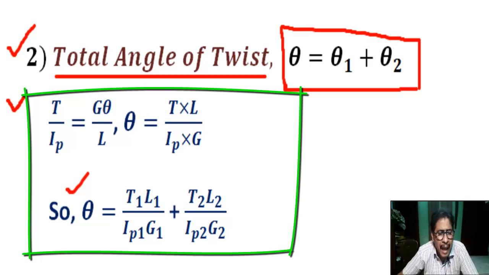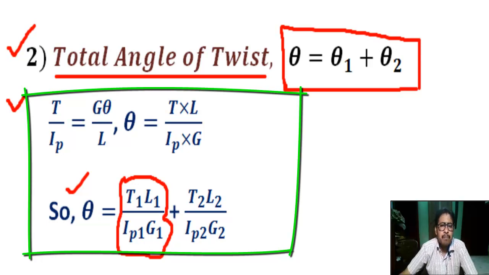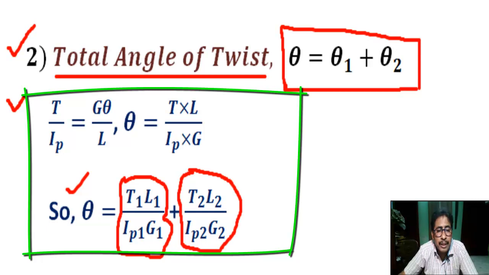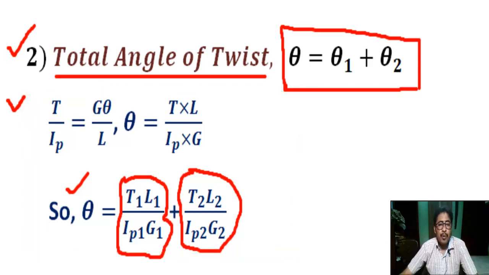Theta 1, the angle of twist for shaft 1, equals T1 L1 by IP1 G1, plus theta 2, the angle of twist for shaft 2, equals T2 L2 by IP2 G2. G1 and G2 are the same for the same materials.